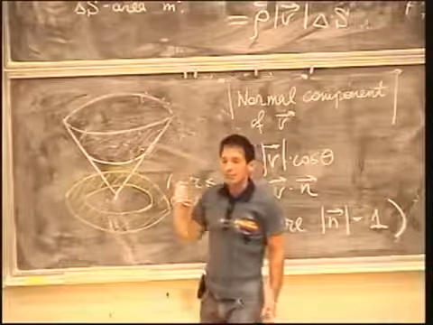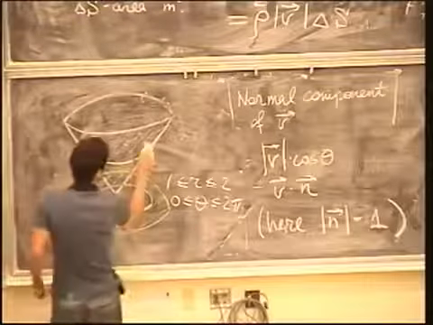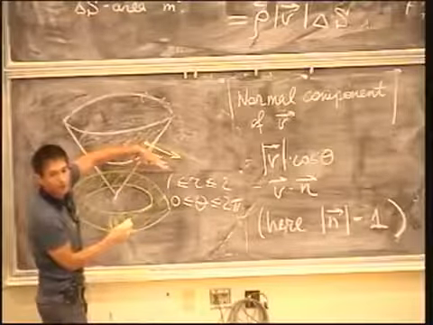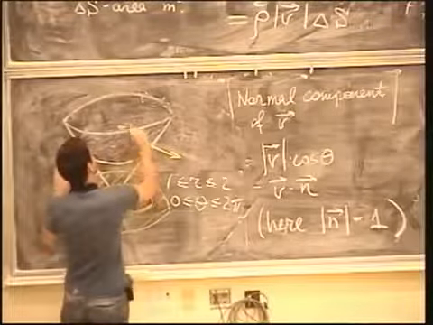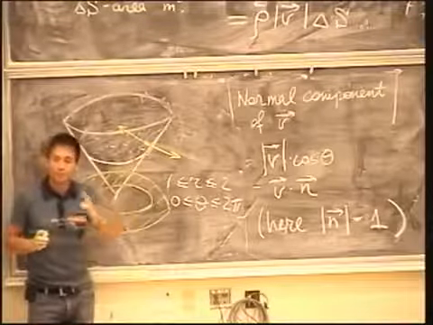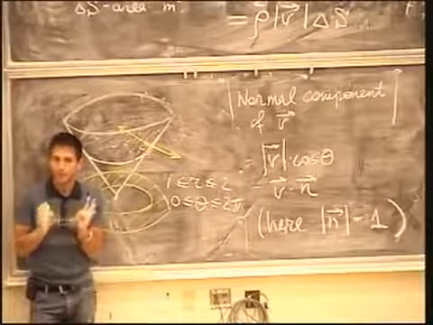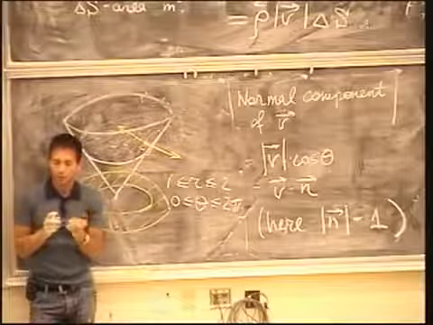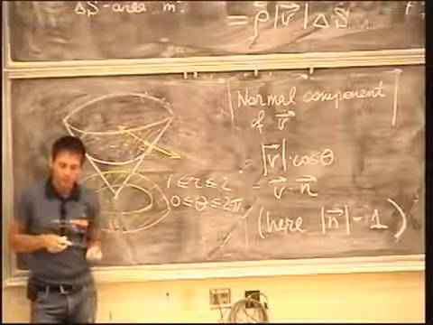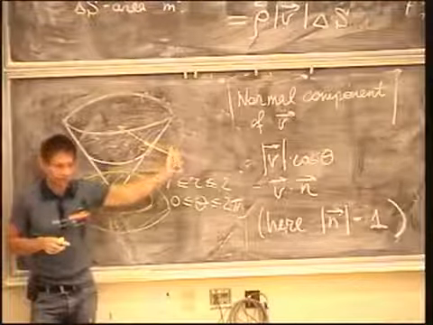But now the point is, which n am I talking about? Am I talking about this n, which goes downward, or am I talking about this n, which goes upward? Okay? So there is this one issue which we have not yet talked about. To make the definition work, we have to say which normal vector we choose.